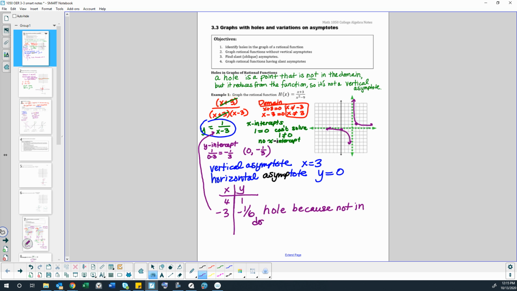It's not in the domain. If we plugged it into the original function, we would have had an undefined problem dividing by 0 we can't do. But because we plugged it into our reduced problem, we were actually able to figure out where that point is. And so now we just mark it in our graph with an open circle.